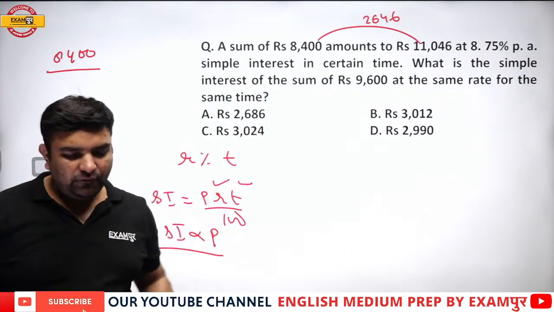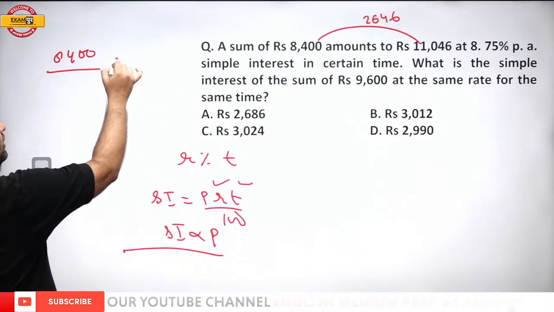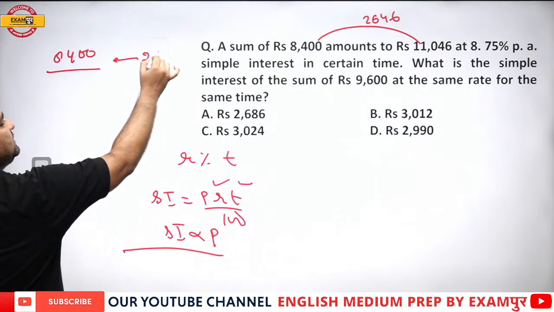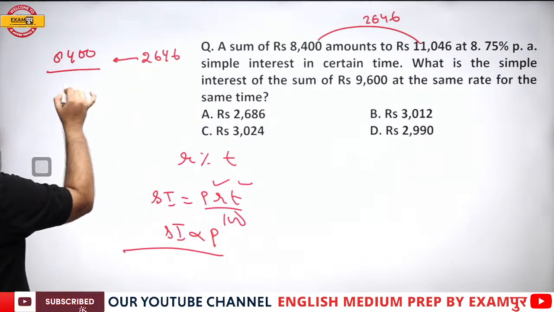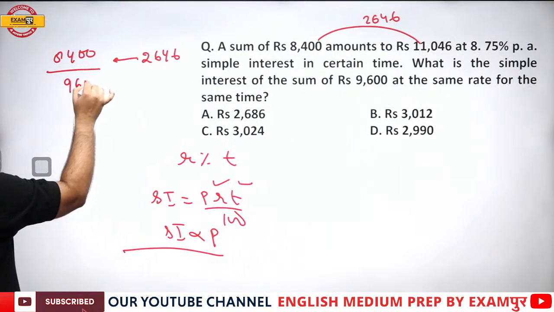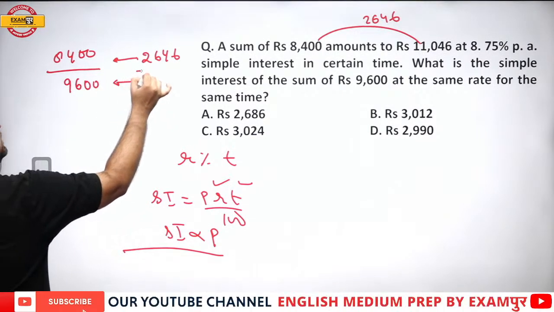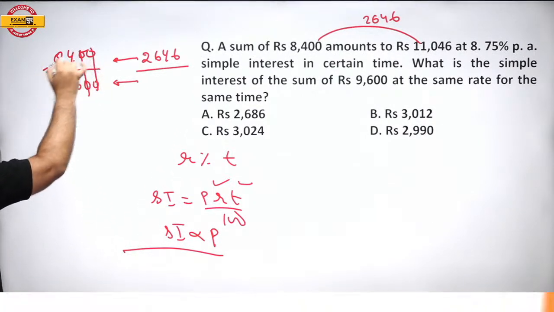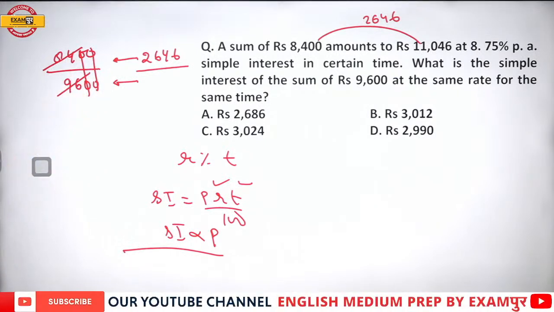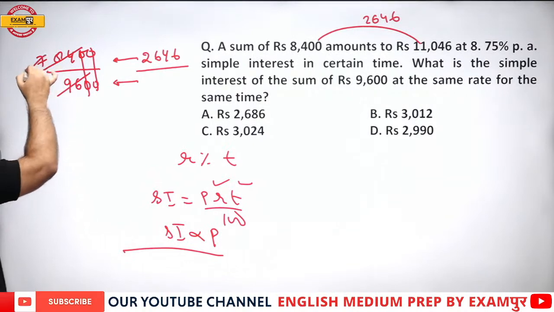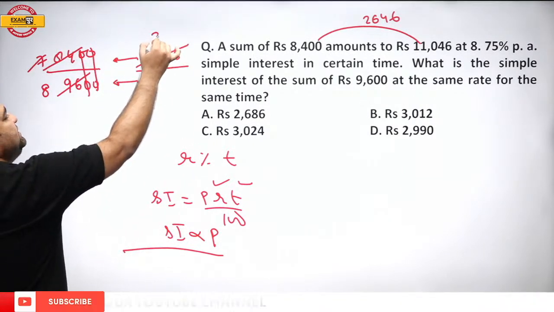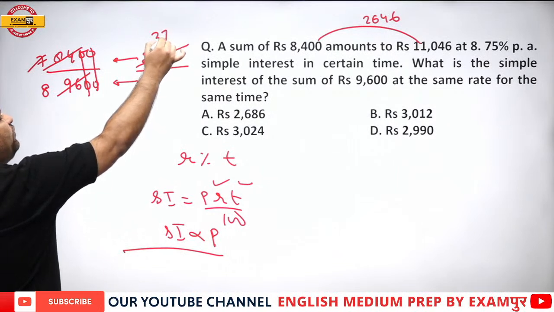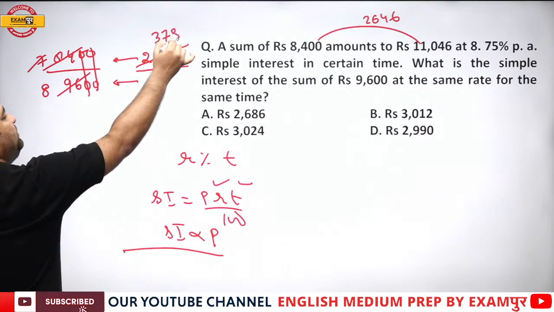If on the principal of 8400 you are getting an interest of 2646, then on the principal of 9600, how much interest will you get? 12, 7 84, 12 8... 7 3 21, 54, 7 7 49, 7 8 56.